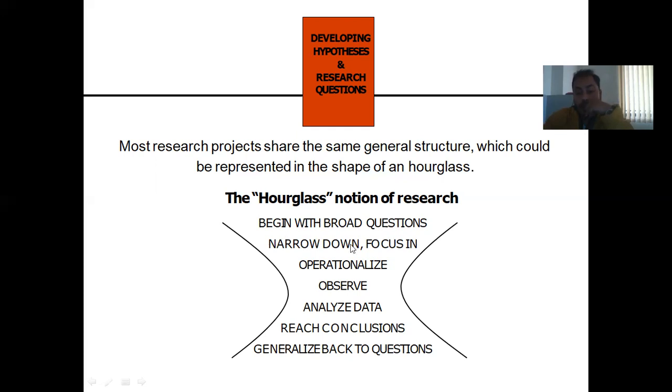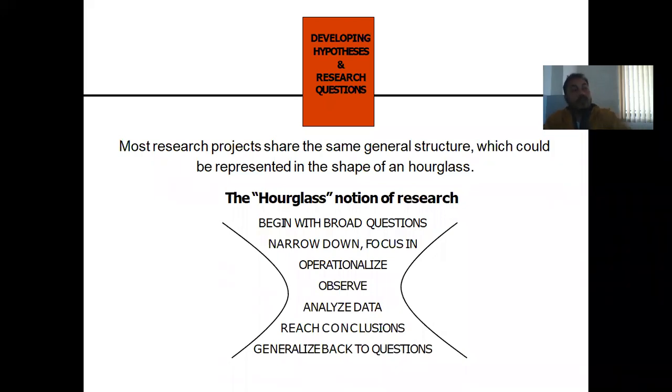narrow down, focus in, operationalize, observe, analyze the data, reach conclusion, and after the conclusion, you all know that I have even discussed in the third or fourth lecture what we have to do after the conclusion, right? That is the generalization part.